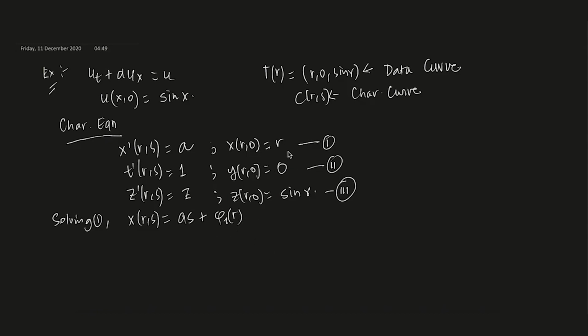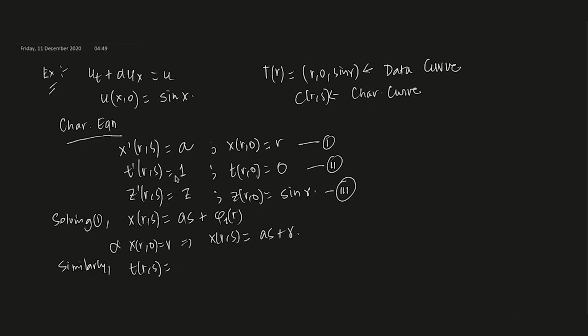And when you put the initial condition x of R0 is R, that implies x of Rs is As plus R. Similarly, T of Rs, sorry, this should be T. I made a small mistake here.